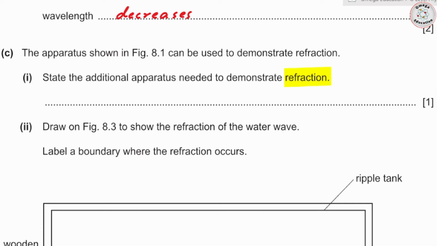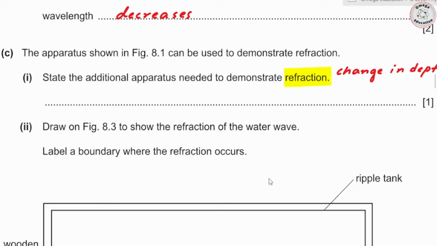All right, so refraction for the water waves happens due to change in depth. It has to be kept in your mind. The refraction in water waves is caused by the change in depth of the water. The refraction in light is caused by the change in medium.